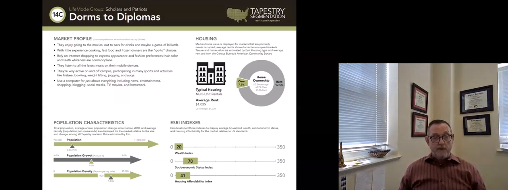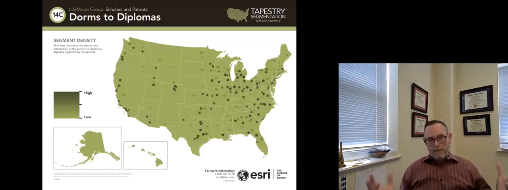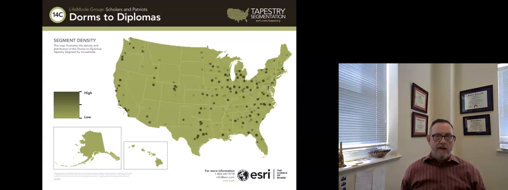Last bit here on Esri, we have, kind of like we had for Prism, a map, if you will, of where these folks are located, where the density of students are. You can see the density by the circle. It's pretty heavy in and around Boston and parts of Michigan, where universities are located. Ann Arbor, right?